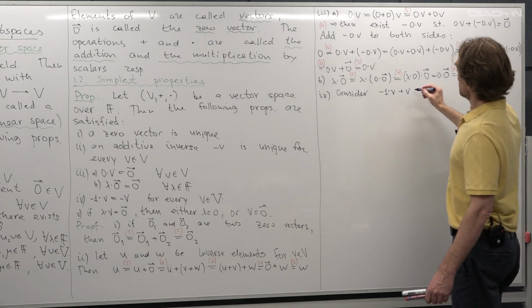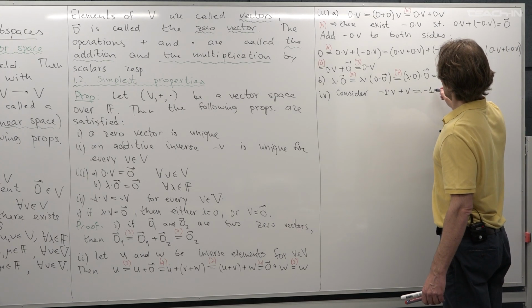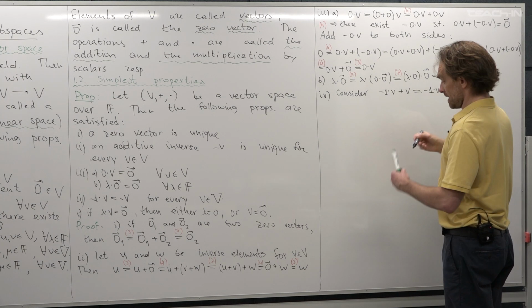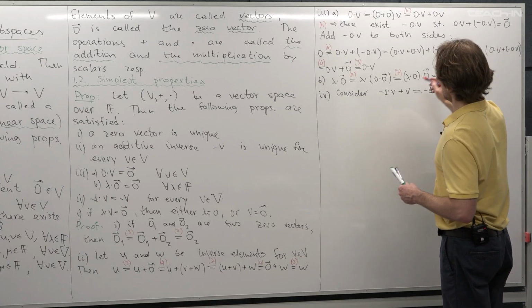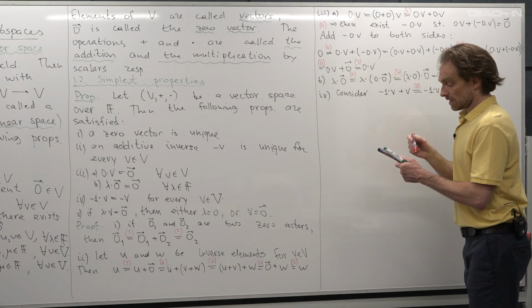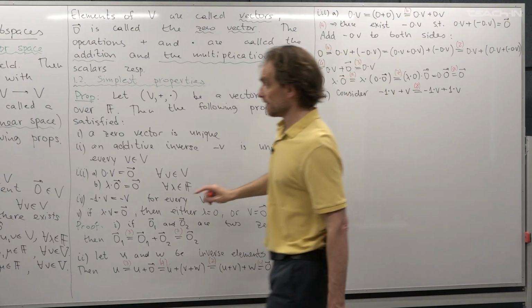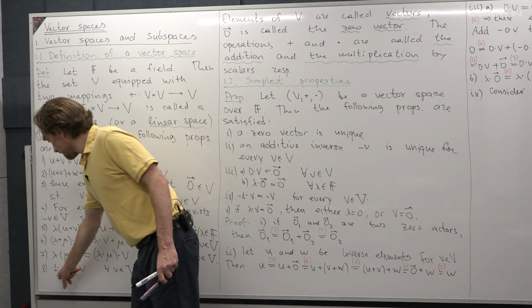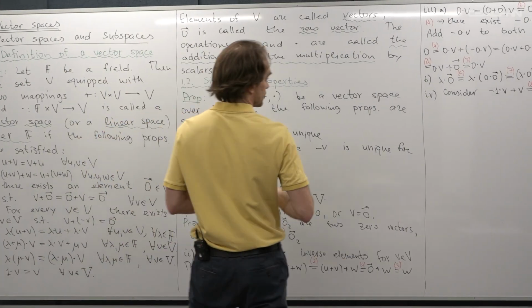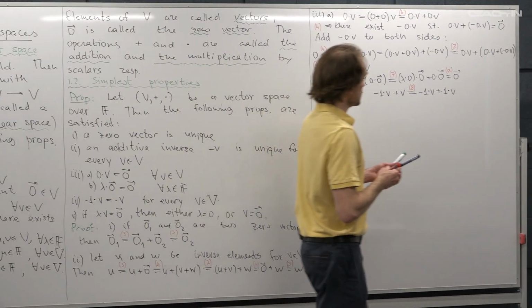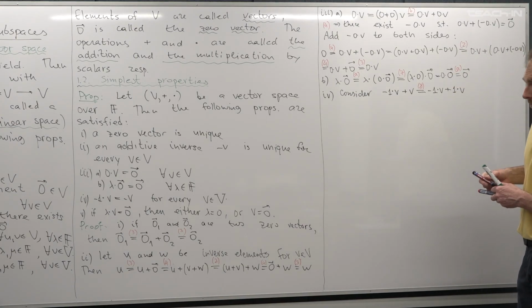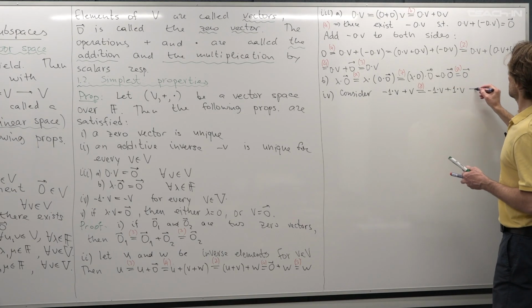So I'm going to use the property number 8 in order to represent v as 1 multiplied by v. It follows from the property number 8 that any vector can be represented as 1 multiplied by itself. So I'm going to use this property, and then I'm going to use the distributivity property number 6.